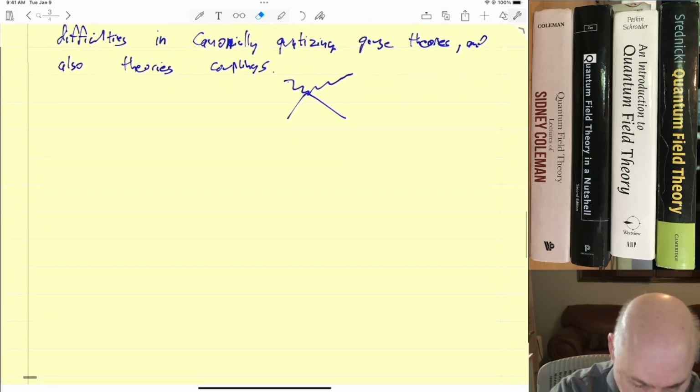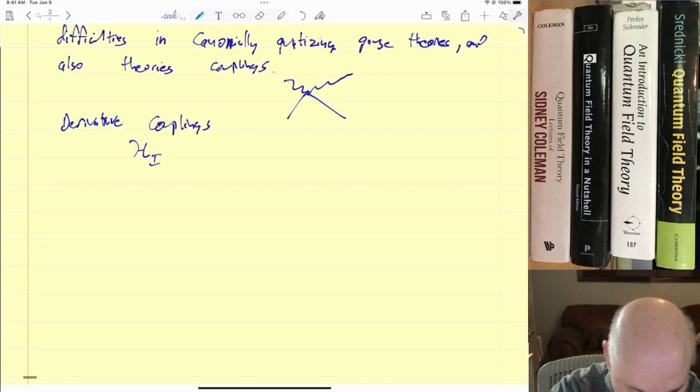And one of the first things is that when you have derivative couplings, for example, you'll often find that the interaction Hamiltonian is not equal to minus the Lagrangian interaction.